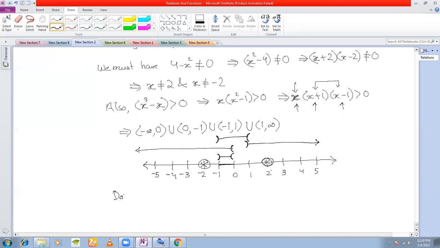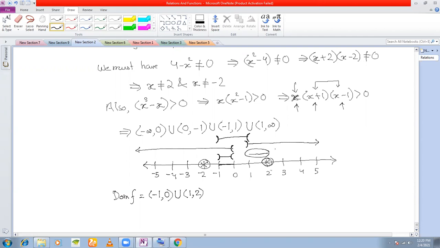So domain of f is equal to, first common region is minus 1 to 0, right? This is common to all, union. The next common region is from 1 to 2. It cannot be equal to 2, neither can it be equal to 1. So (1, 2), open interval.